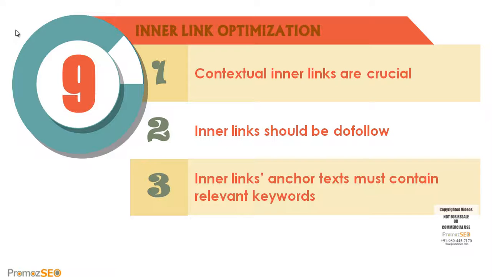Next point is inner link optimization. Again, this is very important, very crucial. Contextual inner links are crucial because a page may have a header section where you may keep links, a sidebar section where you may keep links, and a footer where you can keep links.